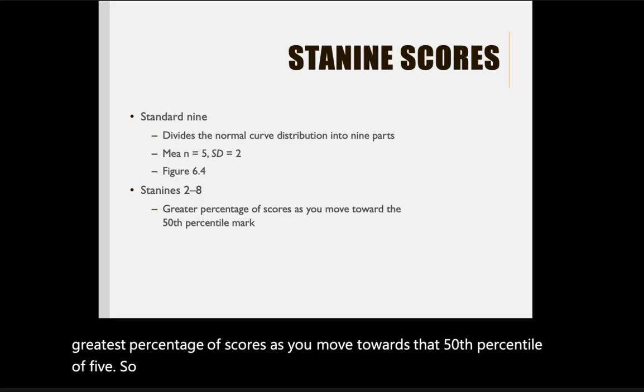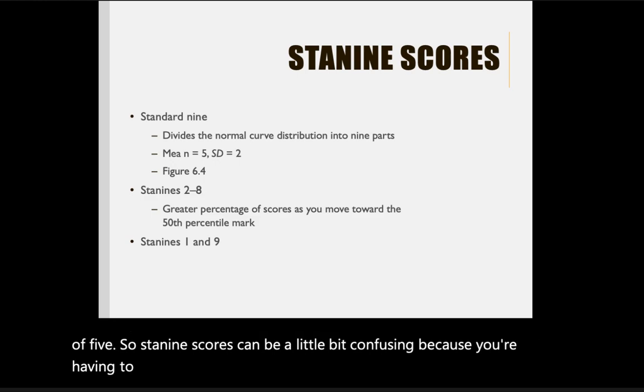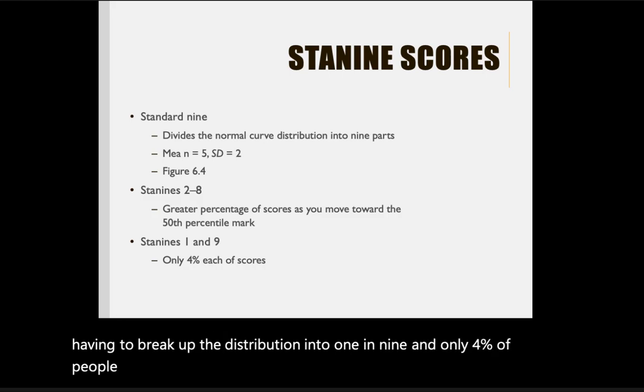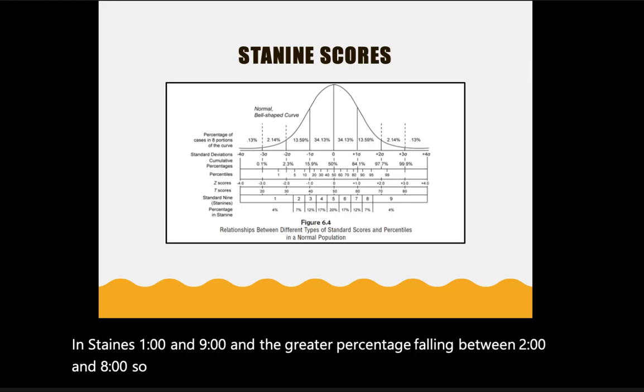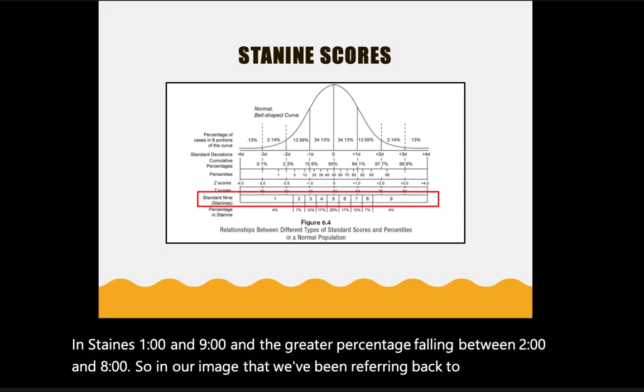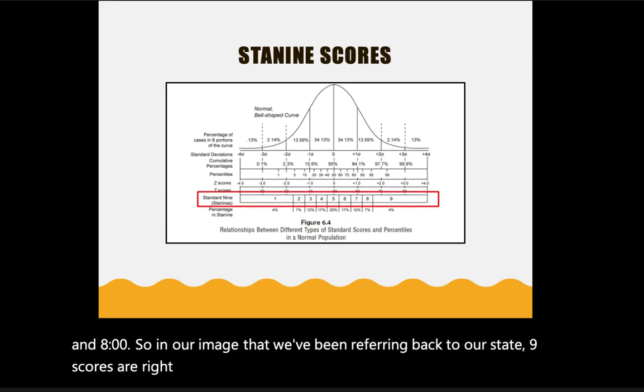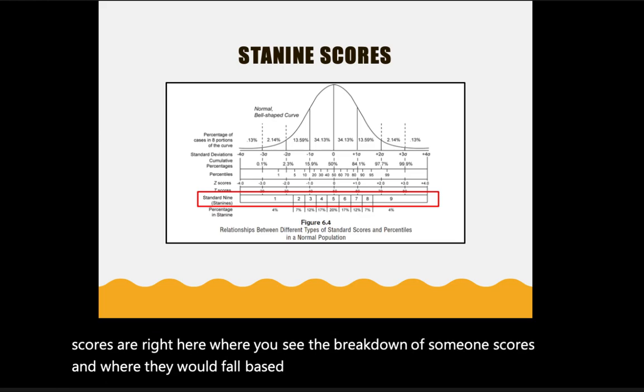So Stanine scores can be a little bit confusing because you're having to break up the distribution into 1 and 9, and only 4% of people are going to fall in Stanines 1 and 9, and the greater percentage falling between 2 and 8. So in our image that we've been referring back to, our Stanine scores are right here where you see the breakdown of someone's scores and where they would fall based on that normal distribution.